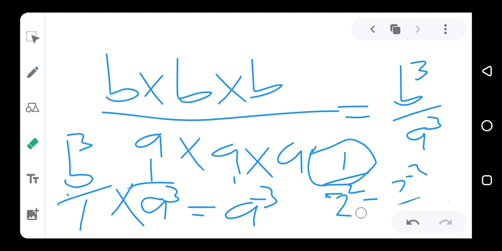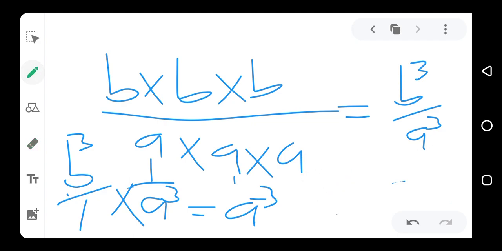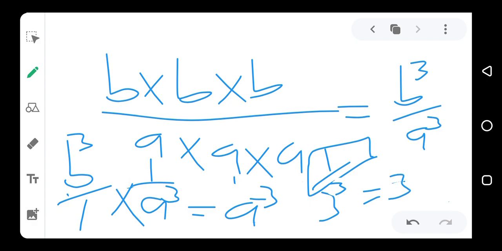If you have 1 over 3 raised to power 3, you can clear this 1 over by saying that this is equal to 3 raised to power, then you convert the power which is positive here to negative.